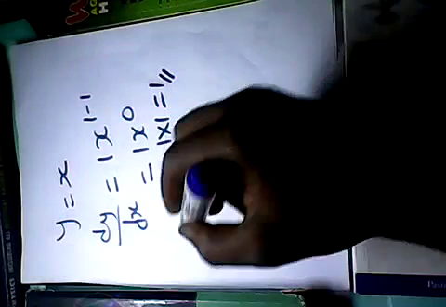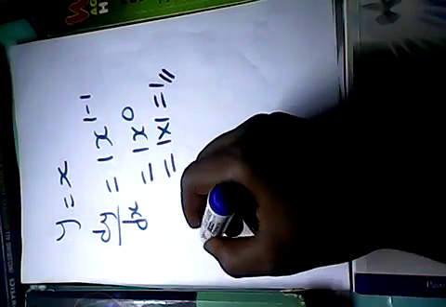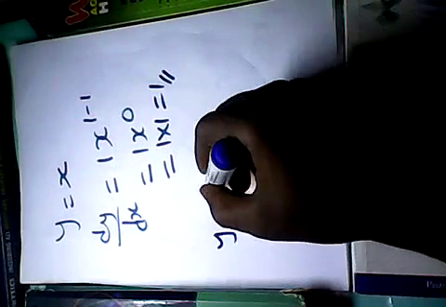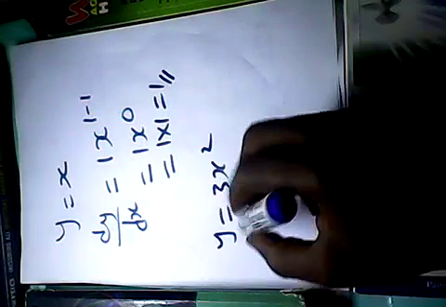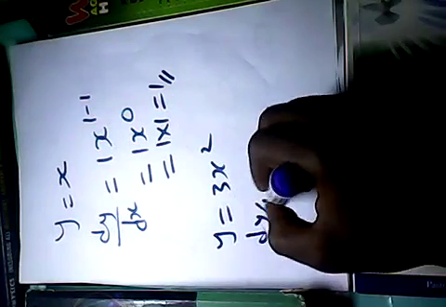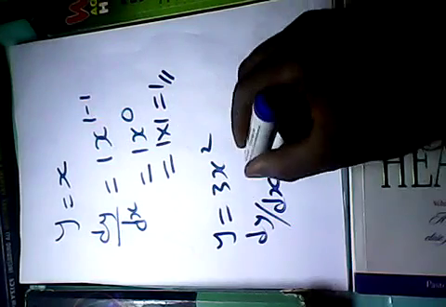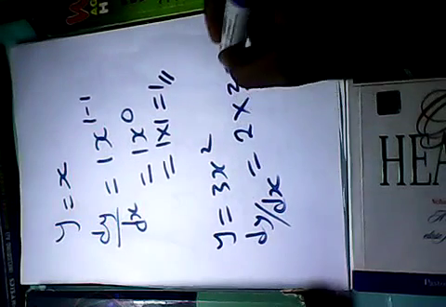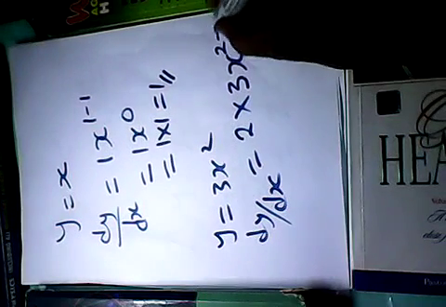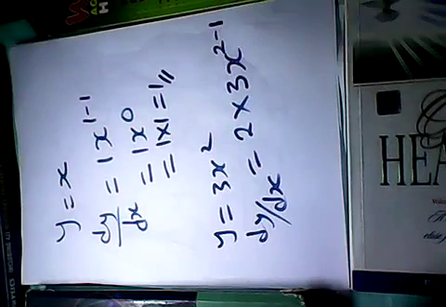Now, let's take another example. That's example 3. If we have y equals 3x squared, the rule still applies. Our dy/dx will be equal to the power coming down to multiply the function, and the power of the function will reduce by 1.